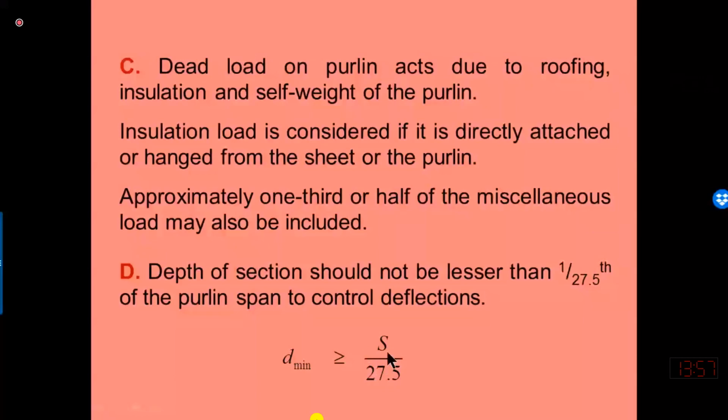In other words, the minimum depth of the purlin should be more than the span, or the length of the purlin, divided by 27.5. We want to make sure that the purlin has sufficient depth so that all the deflection stays within the allowable limit. S is the spacing of the truss, and the spacing of the truss is equal to the length of the purlin.